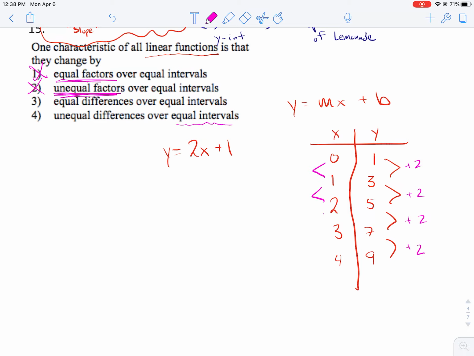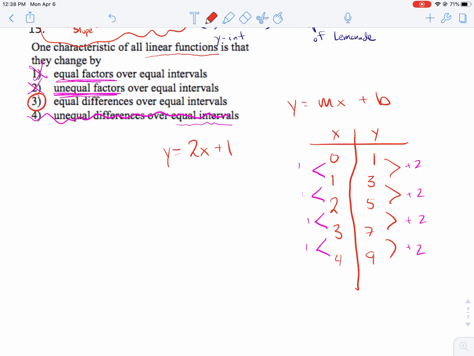Now, equal differences over equal intervals, or unequal differences over equal intervals. What that's saying is that our intervals are like our x values, which are increasing by 1, because we typically use integers when we're plugging in values for x. So as we increase by 1 each time, we're looking for equal differences.